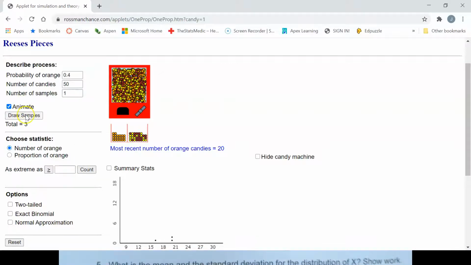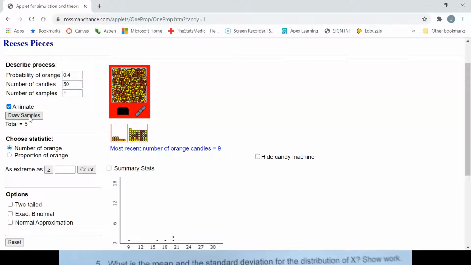Our fourth sample, got 18. And now our fifth sample. Nine. Okay. All right, so these are our samples.